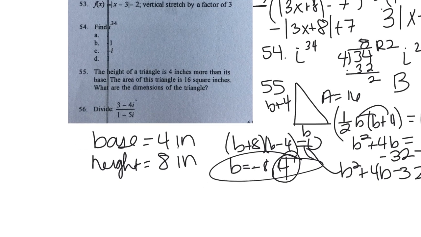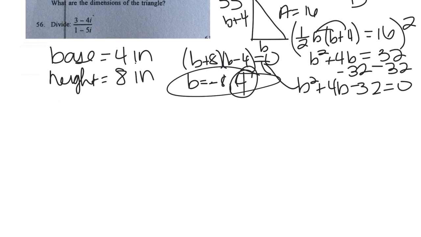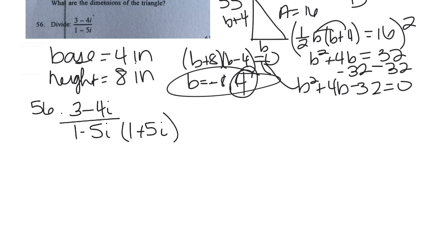And then the last problem on this page is number 56. Divide the complex numbers. So we multiply by the complex conjugate of the denominator, 1 plus 5i. We distribute.